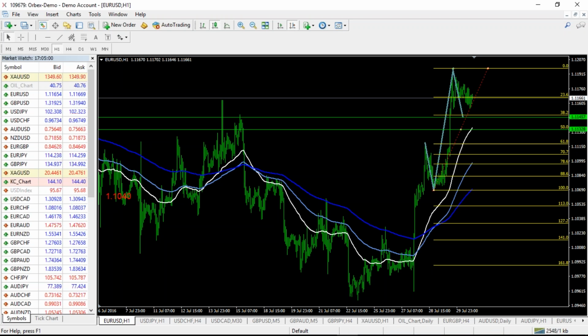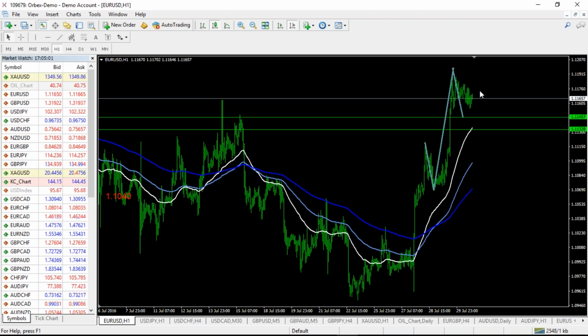If it's following this sort of pole flag pattern for Euro USD, I see a little bit of correction to go down to this area between 1145, which is very close to the cycle number 50, and 1132. It's quite reasonable to believe that, because we have all this very significant resistance here.